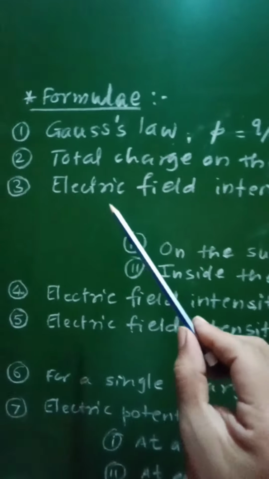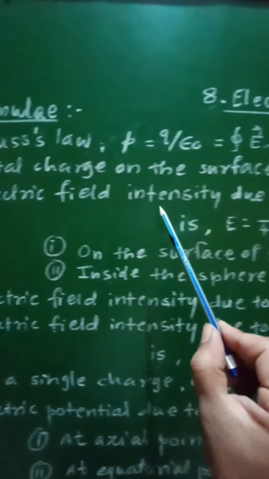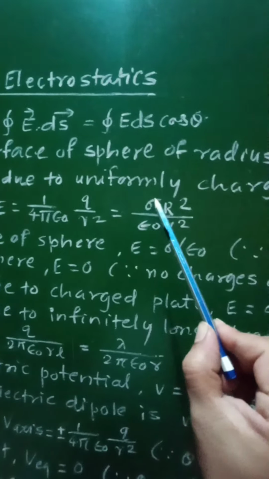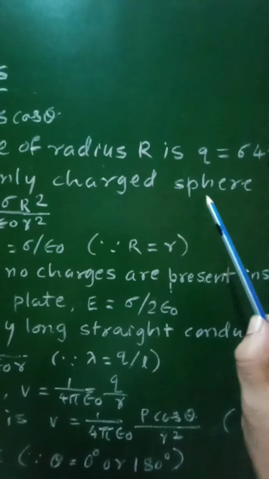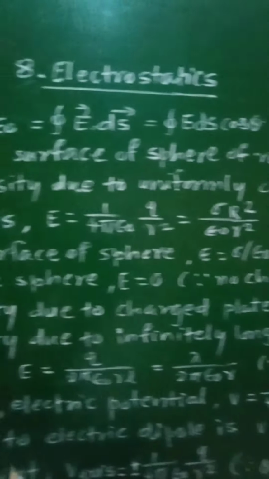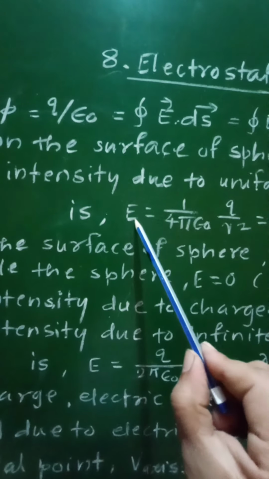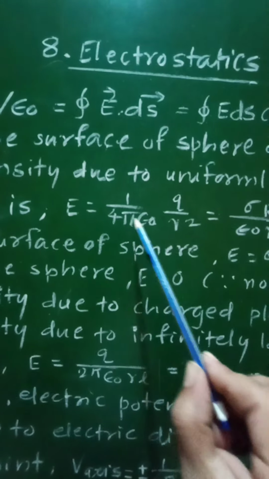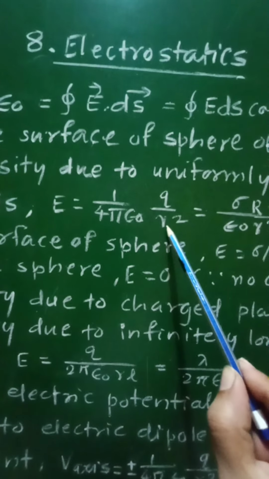Then third formula gives the electric field intensity due to uniformly charged sphere. If any sphere is uniformly charged, then the electric field intensity E is given as E equal to 1 upon 4 pi epsilon 0 q by r square.